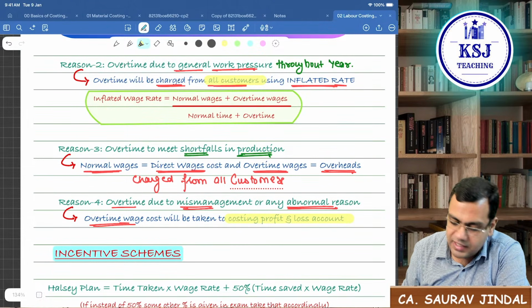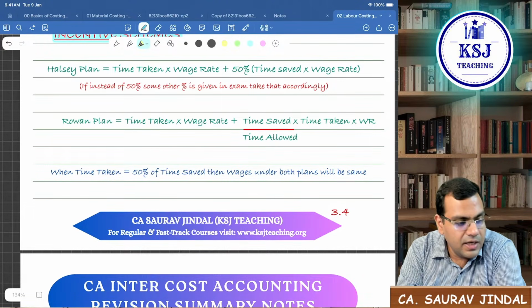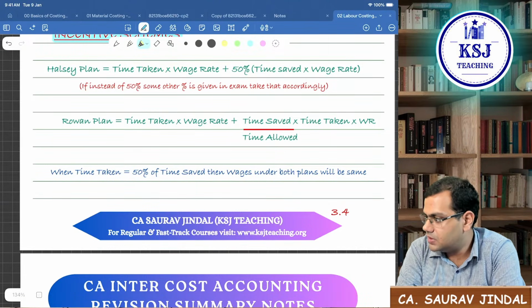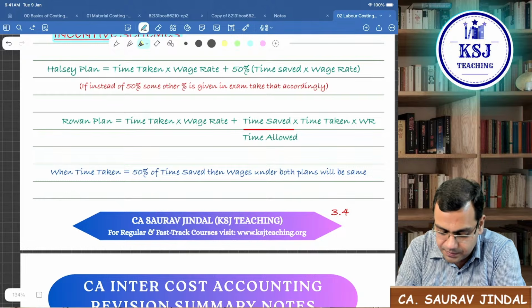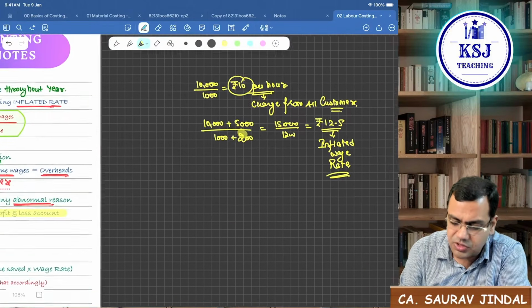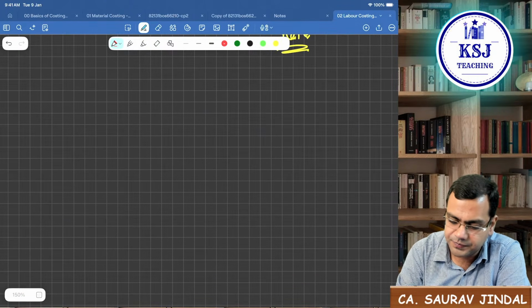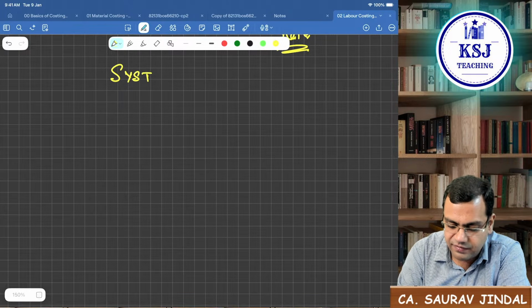Okay, let's come to the next part. Now comes the incentive schemes. Now, what is this incentive schemes? And systems of wage payment. These are interrelated only. There is a topic called systems of wage payment.